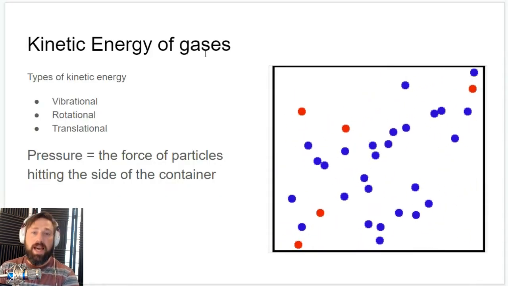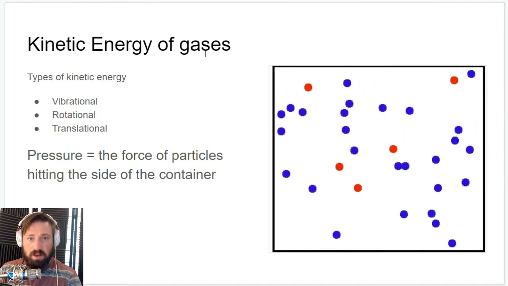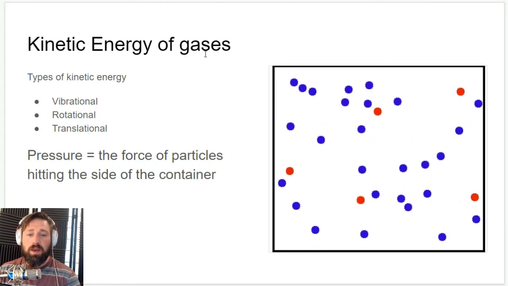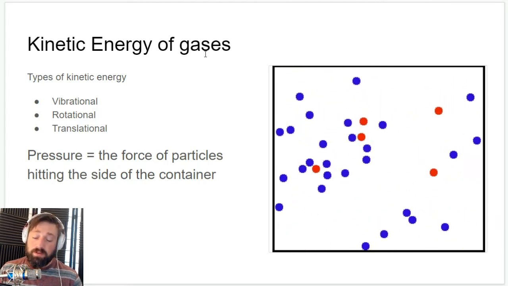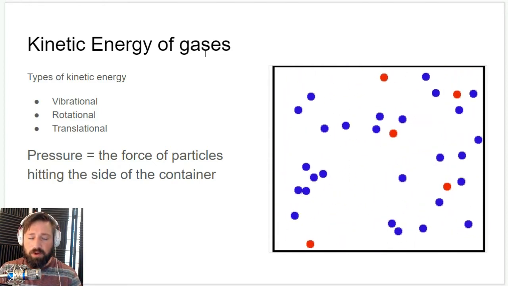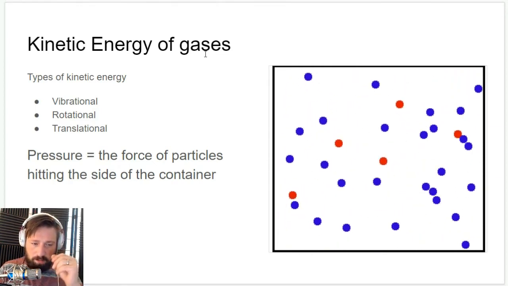Kinetic energy in gases. Remember that whenever we're talking about temperature, we're talking about things in motion. Now, if something is solid, it doesn't have very much motion. All it has is that vibrational motion where it's vibrating back and forth.